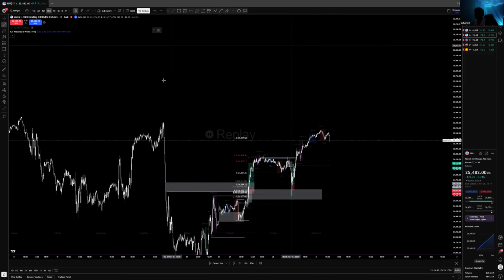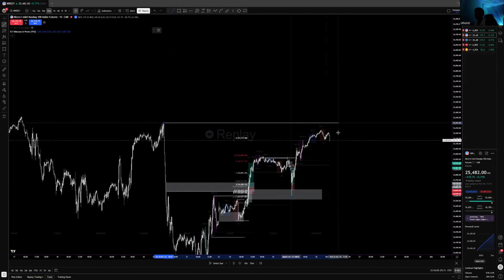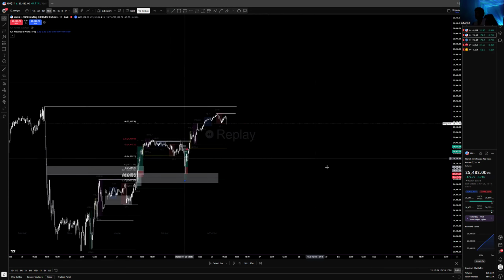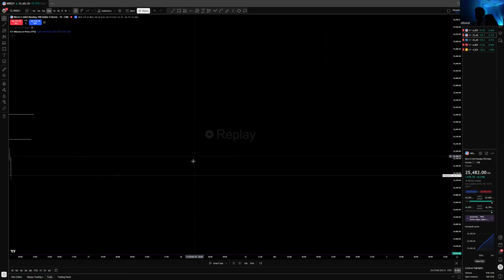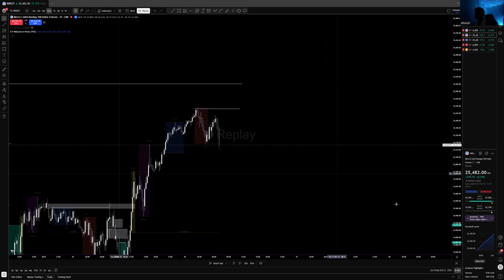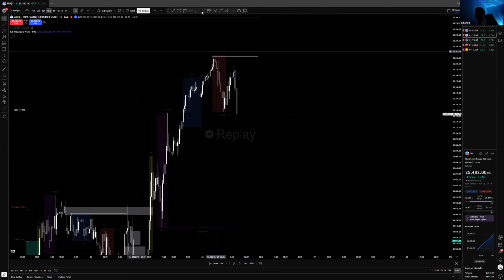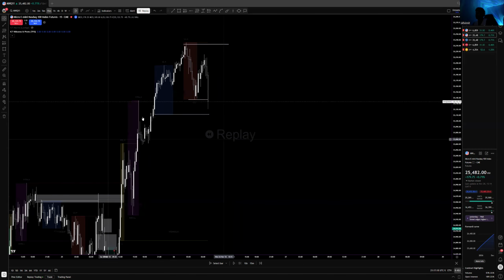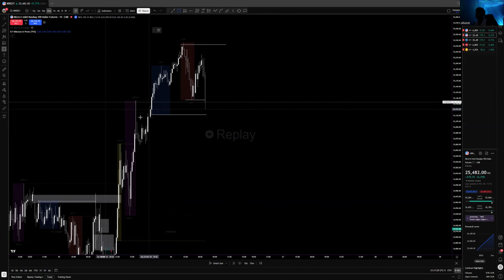I'm going to target this high and wait for the price to come back down and sweep that Asian low. We have already swept the London low, which is this, and then the Asian low. And probably just putting the Fibonacci in, who knows.